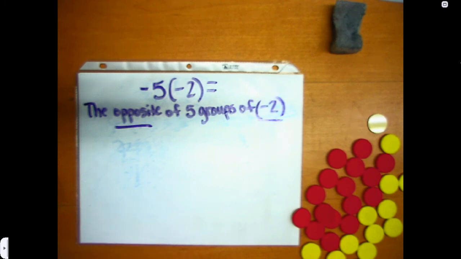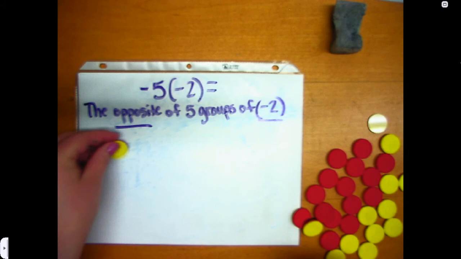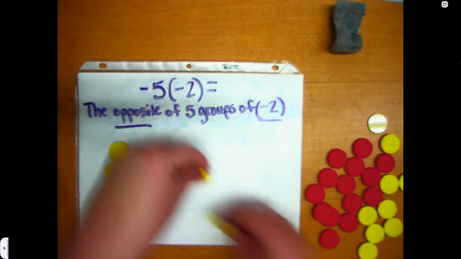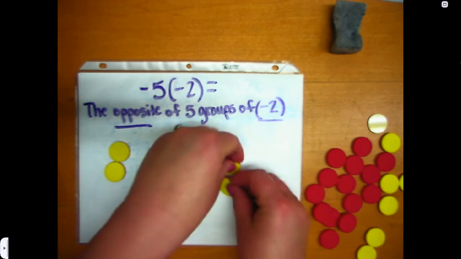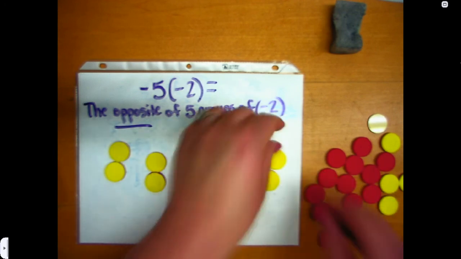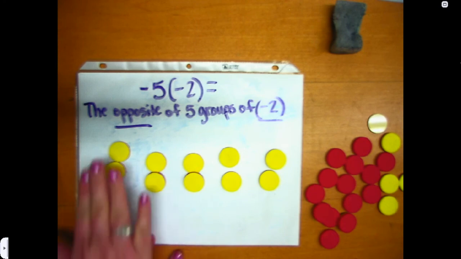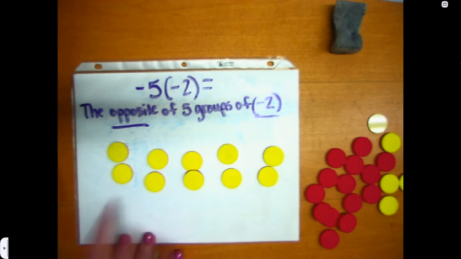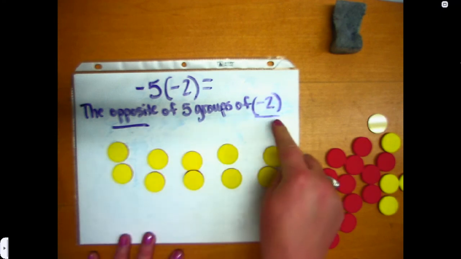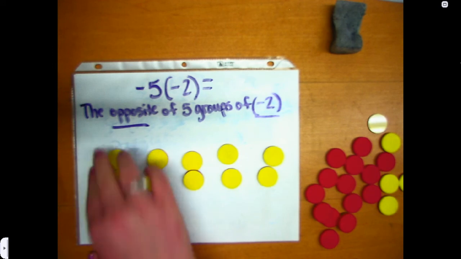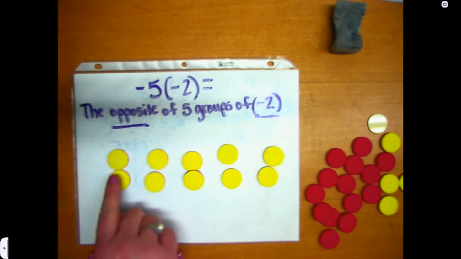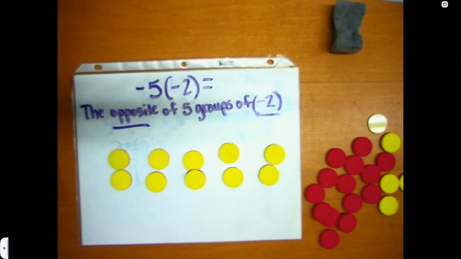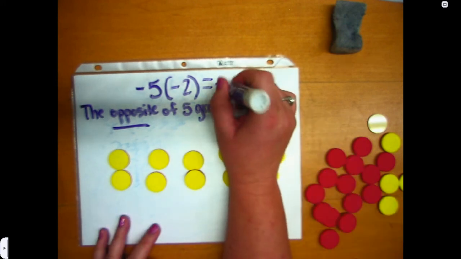So I'm going to need yellows. 2, 2, 2, 2, and 2. So I have 1, 2, 3, 4, 5 groups of +2 because I needed the opposite of -2. So do I have the opposite of -2? Yes, I have +2's. And I have 5 groups, which means that my answer is +10.